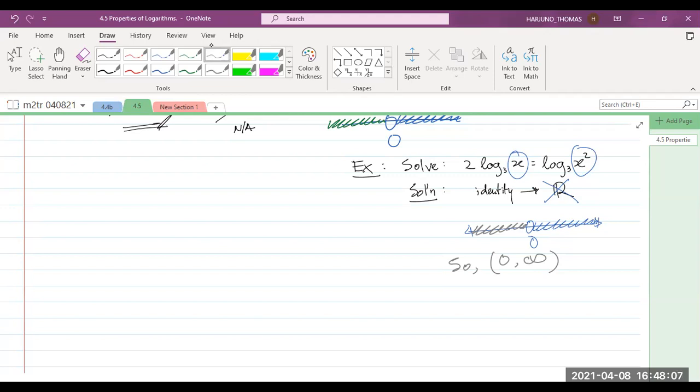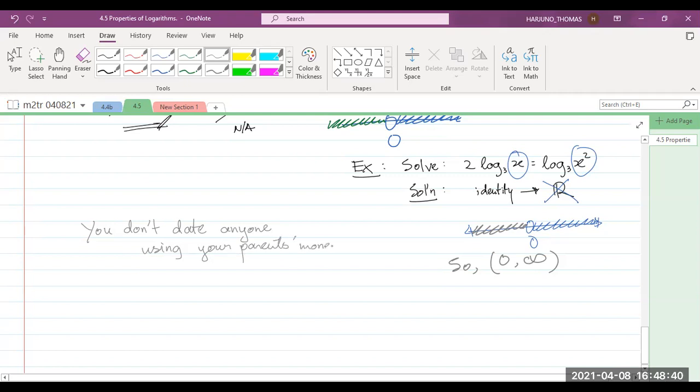When I was 13 or 14 years old, my mom once asked me this question. And I remember this very well because my parents, of course, apparently they are Asians. My parents have this mindset that you don't date anyone using your parents' money. That's my mom's rule.